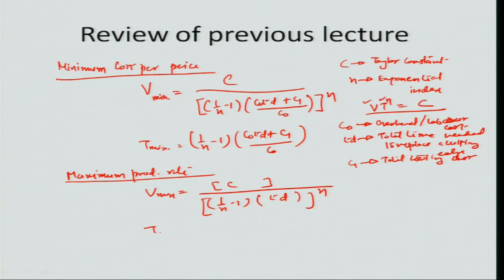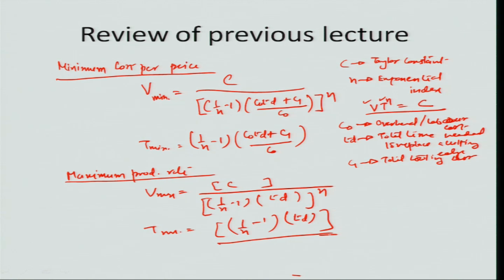And similarly the tool life corresponding to the maximum production rate condition came out to be (1/n - 1), and this minus 1 actually is in the numerator, so (n - 1) times the total time needed to replace a cutting edge, which is about Td.